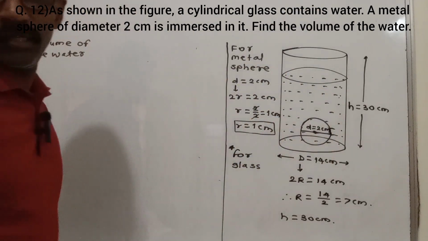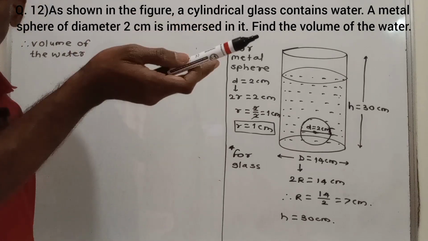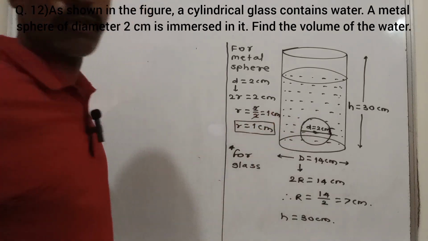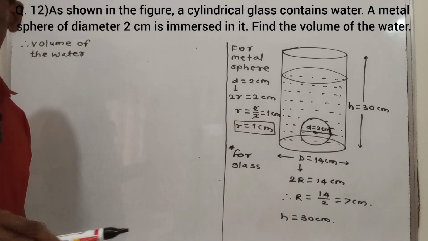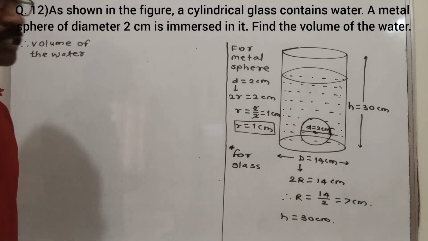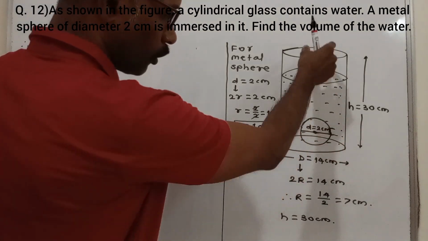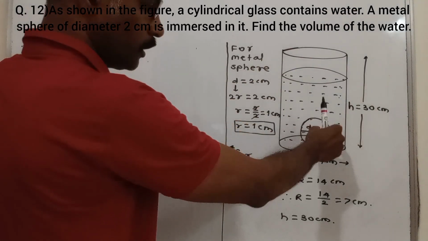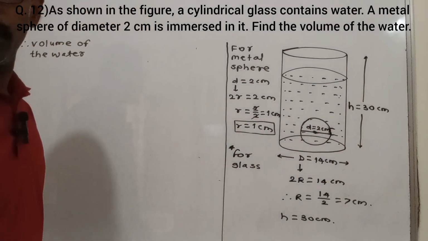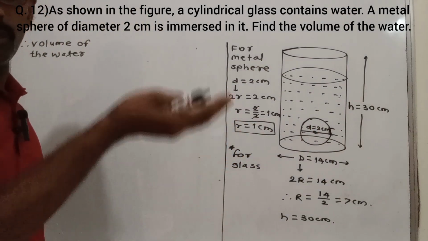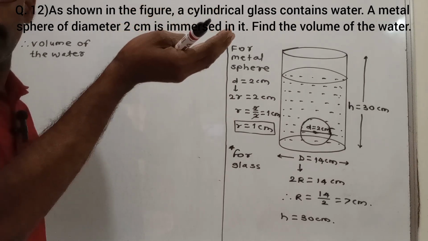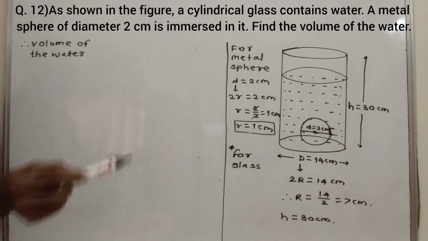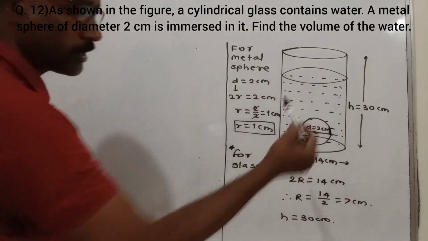That is according to the Archimedes principle. When we put a metal sphere in this water, then height of the water increases.